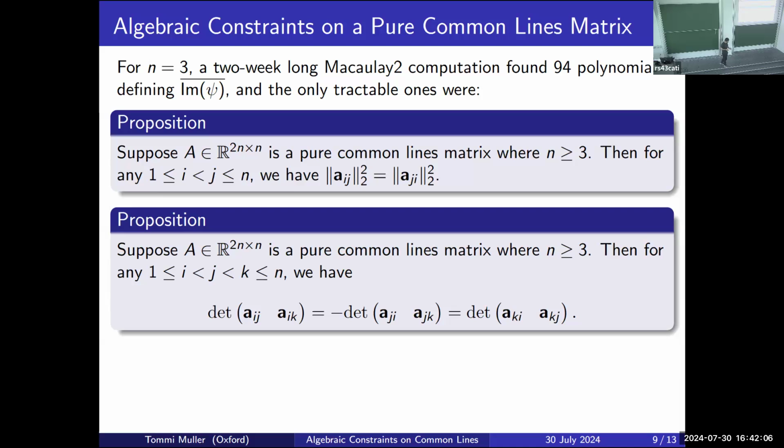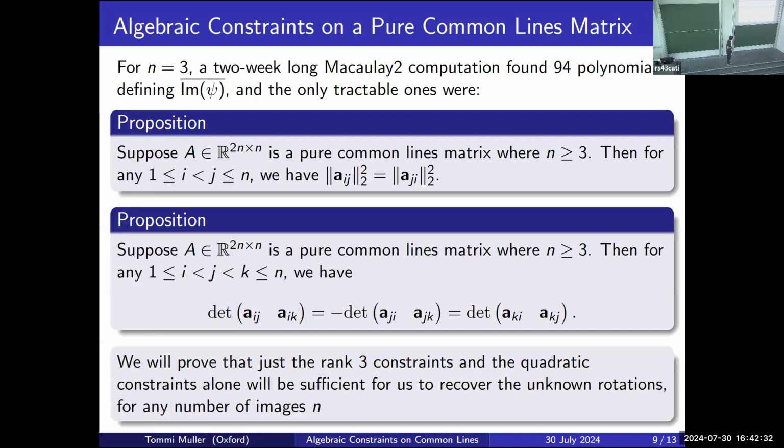So what we have so far is a rank 3 condition, a norm equation condition, and a determinant equation condition like this. And at this stage, it feels a bit disappointing and hopeless, because what about those other 89 equations? It seems like we've barely scratched the surface in terms of characterizing the pure common lines matrices.